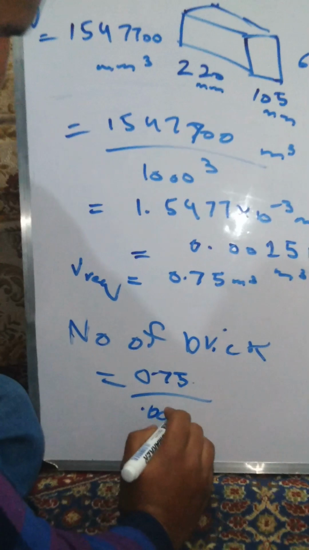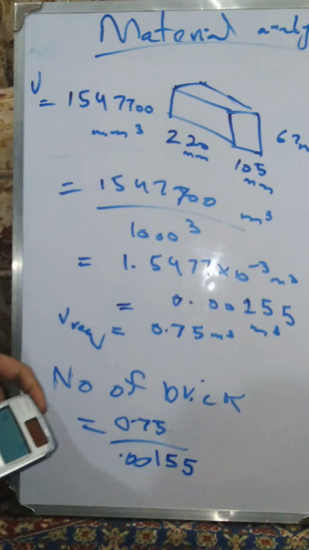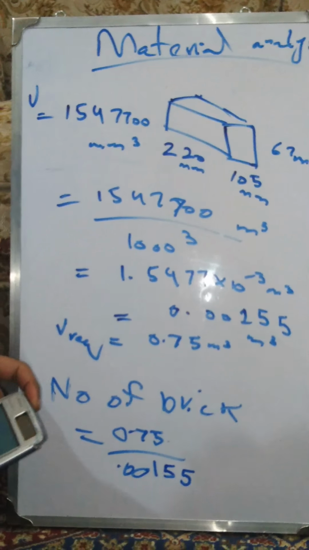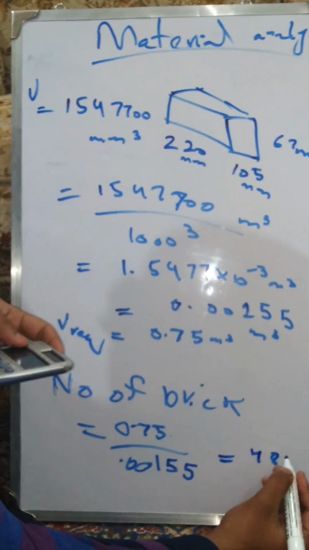So to get the number of bricks, we are going to divide 0.75 by 0.00155. By dividing it, we get the number of bricks. So the total number of standard bricks would be 484.